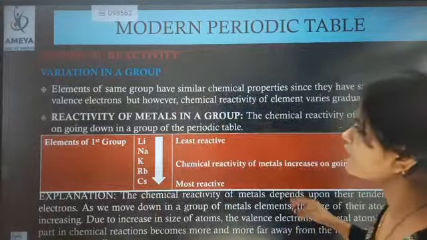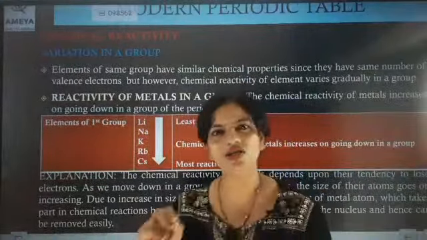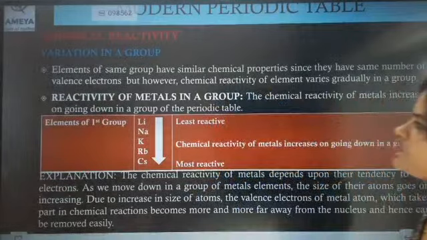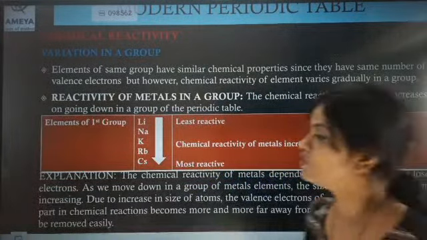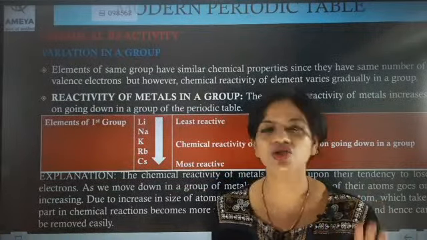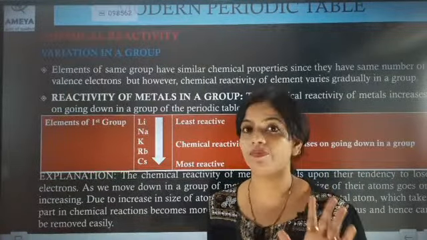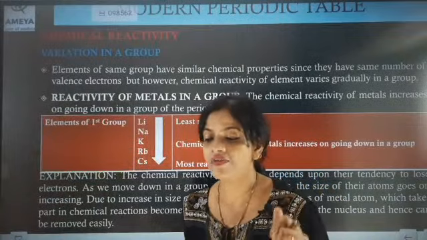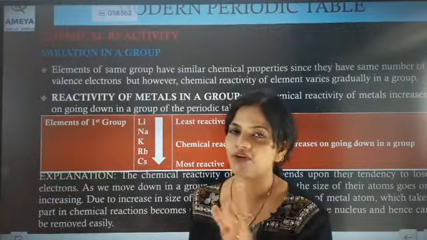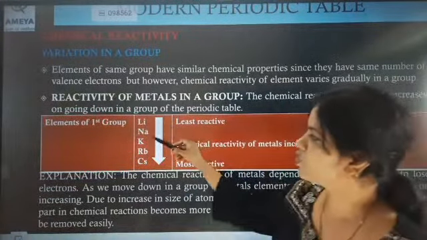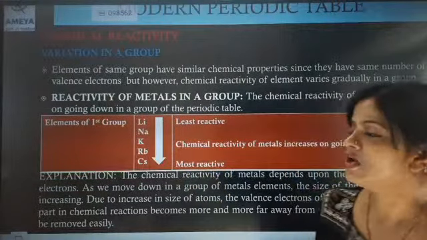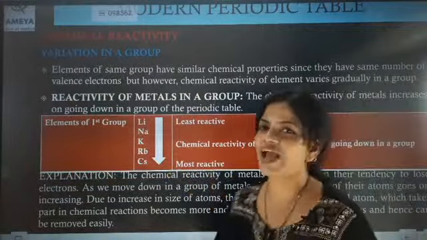But now we are going to create a change in the concept. Please don't do any massive change, because the concept is overall chemical reactivity remains same. But we have to check the electropositive and electronegative elements. So see here: lithium, sodium, potassium, rubidium, cesium. Now which one is most reactive?